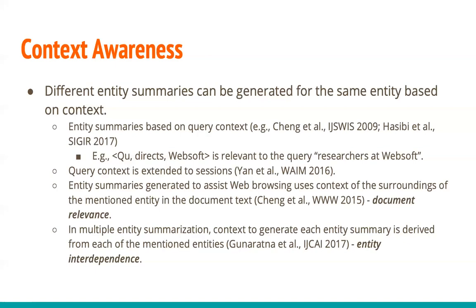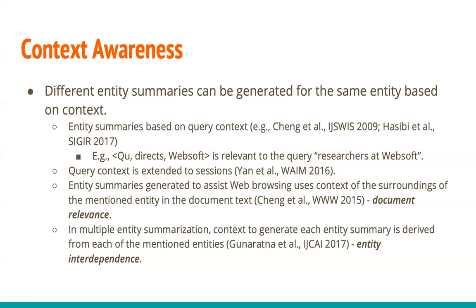And also another important aspect is entity interdependence. A use case where you are making entity summaries not for one entity at a time, but as a collection of entities.